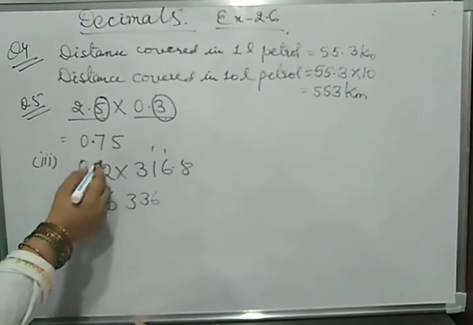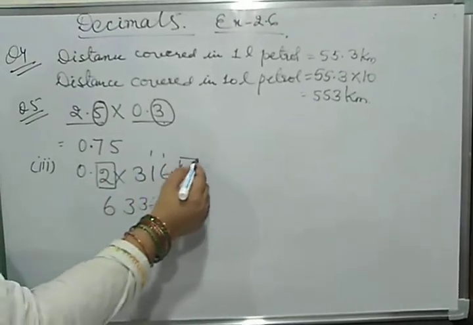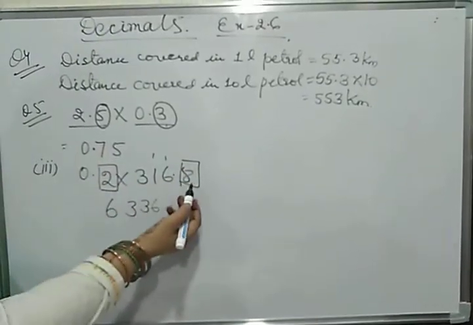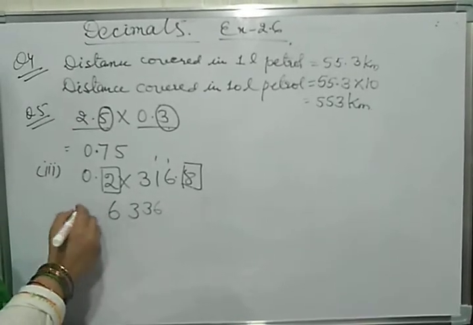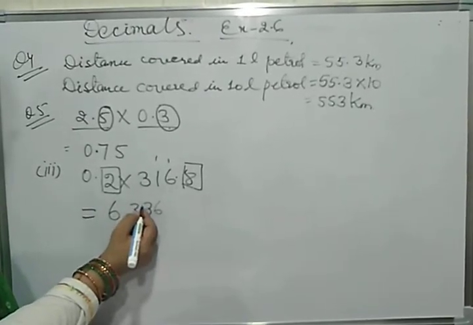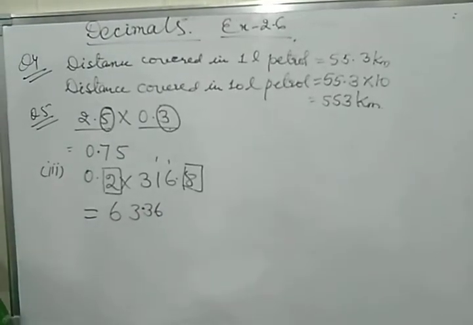Now count the number of digits in both the decimal numbers, 1 and 1, so 2 digits are there after decimal. So in the answer, before 2 digits, we have to put the decimal. Understand?